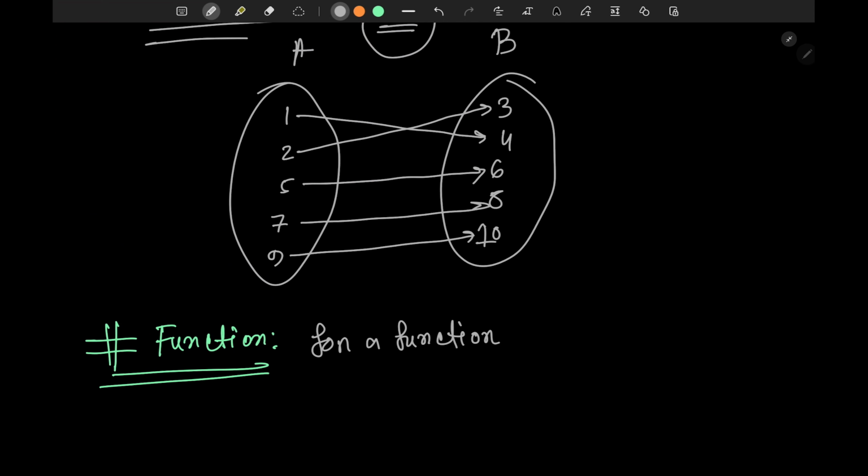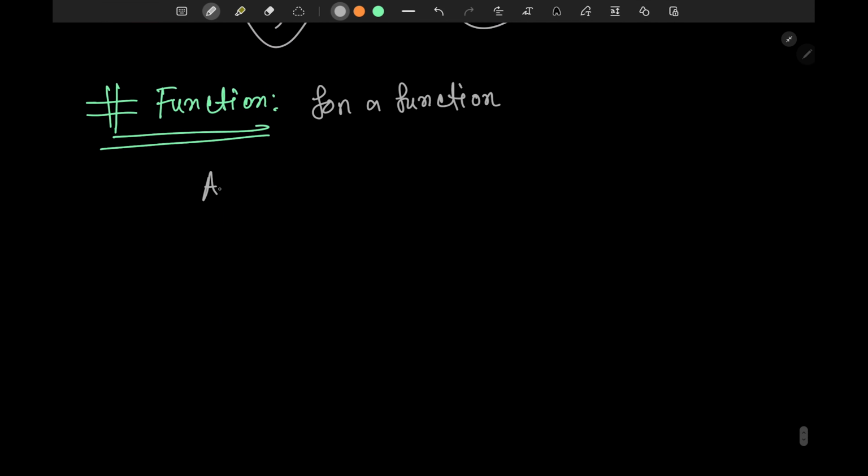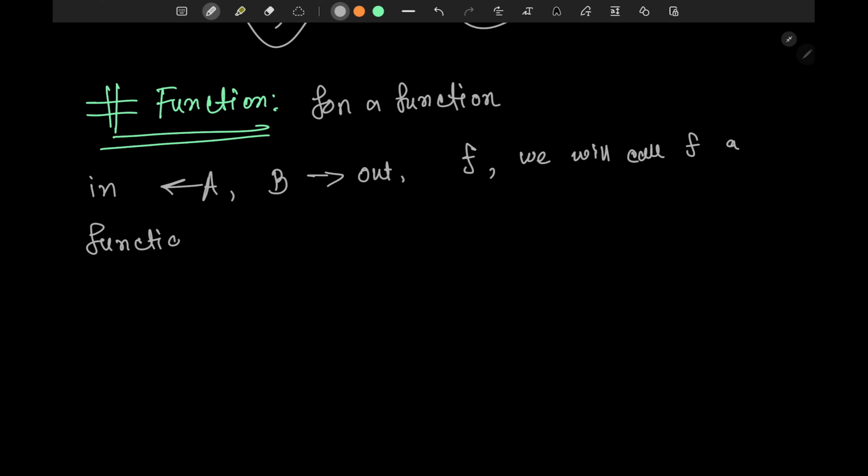Let's say we have an input set A and an output set B. So this is my input, this is my output, and the relation between them is f. We will call f a function if for every element in A there are no multiple outputs.